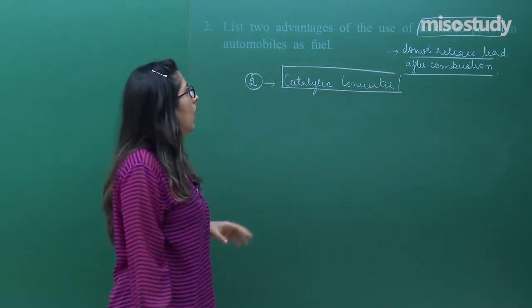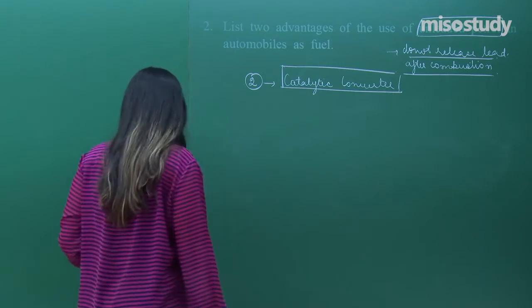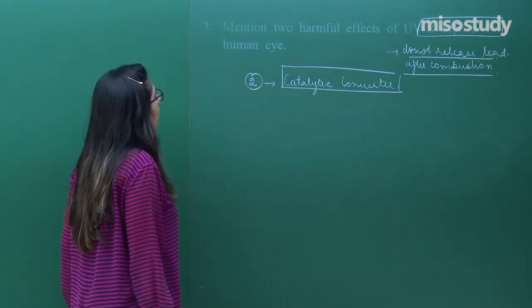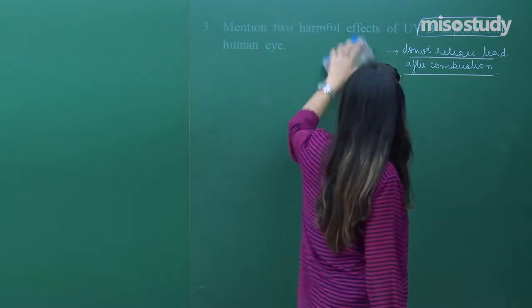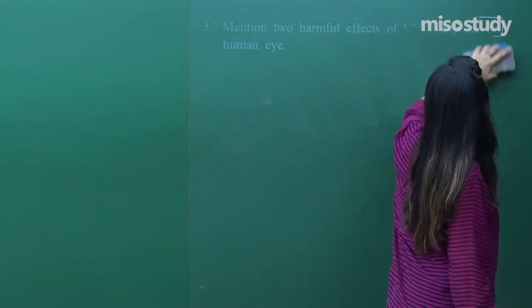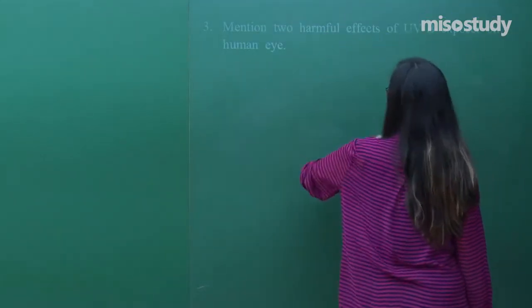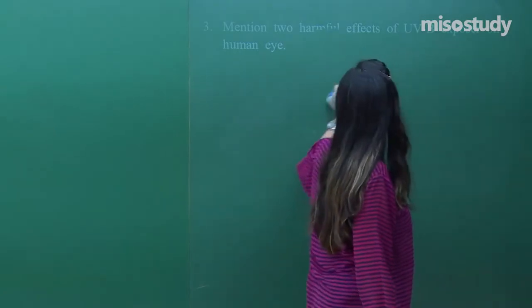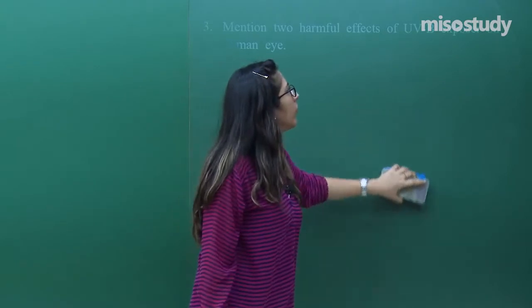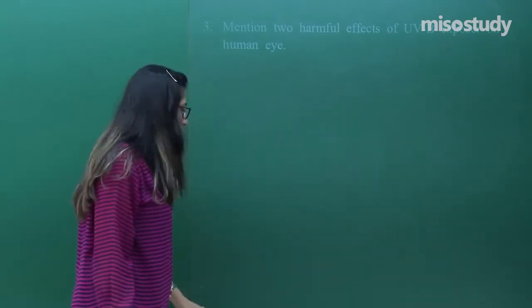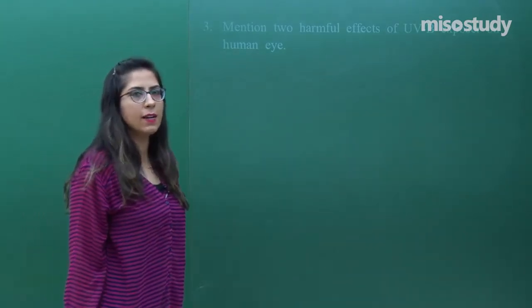Right. Now let's move towards our next question, which is also a 1 mark question. Mention 2 harmful effects of UVB exposure on the human eye. UV means ultraviolet rays.